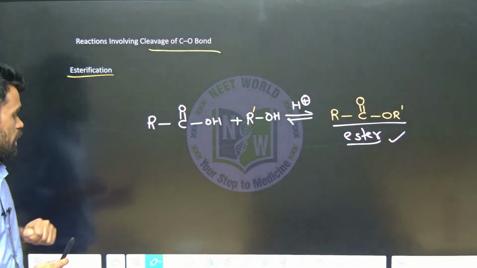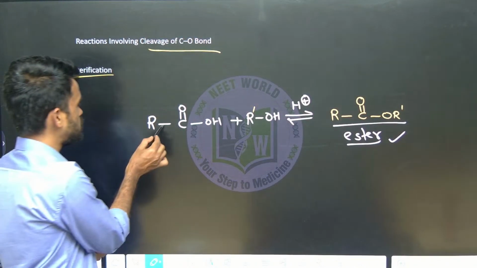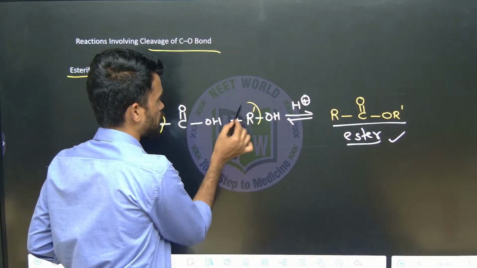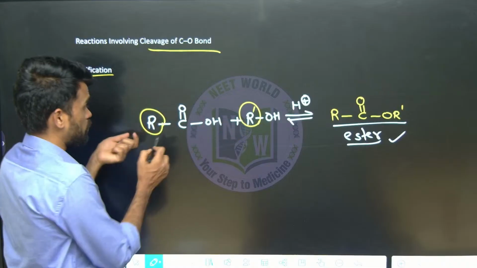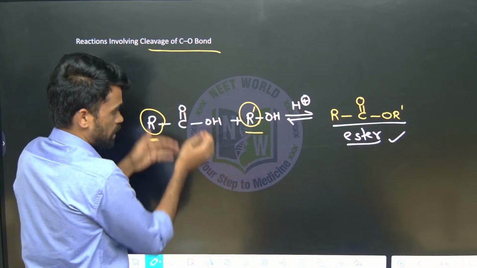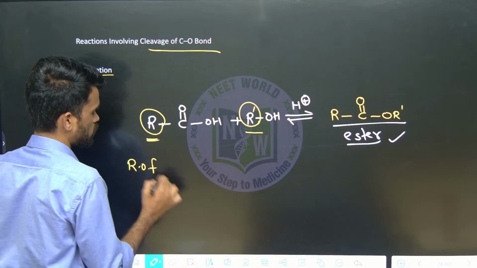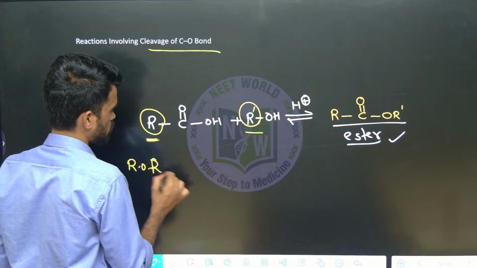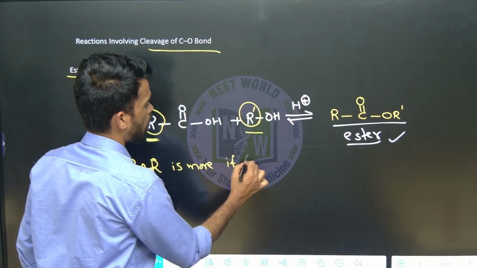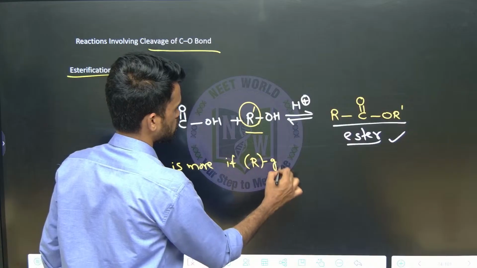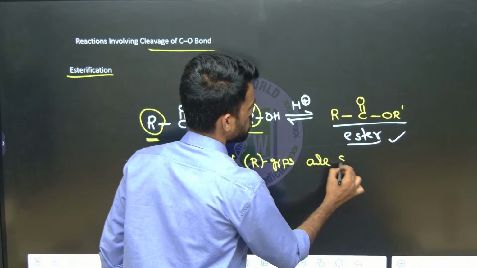Now the rate of this esterification reaction depends on these bulky groups. If these alkyl groups are bulkier, the rate of reaction is less. So the rate of reaction is more if the R groups, that is the alkyl groups, are smaller.